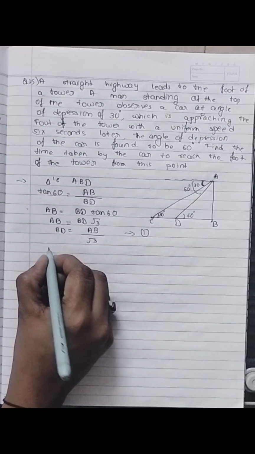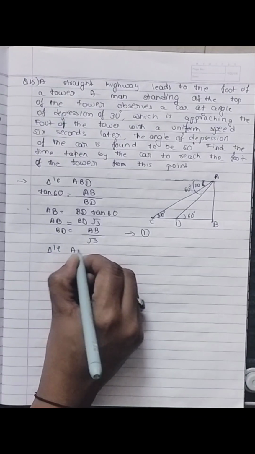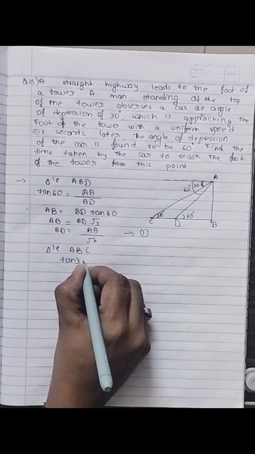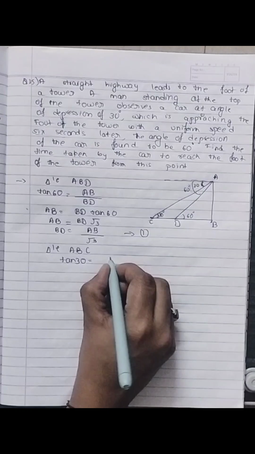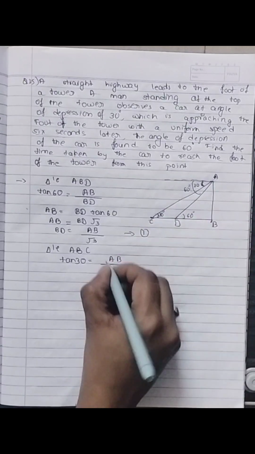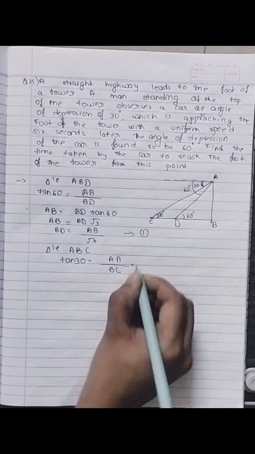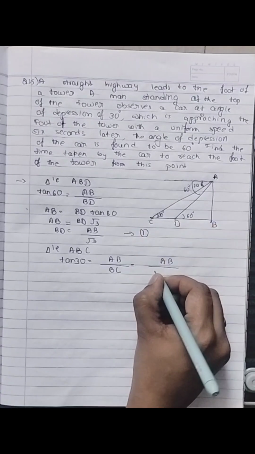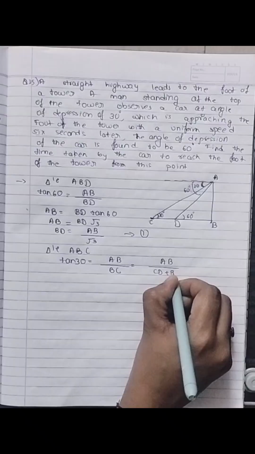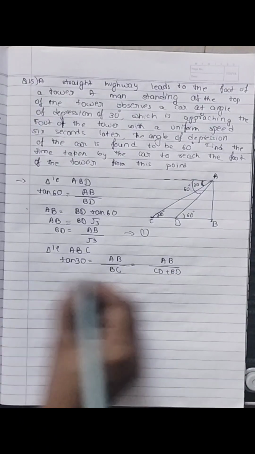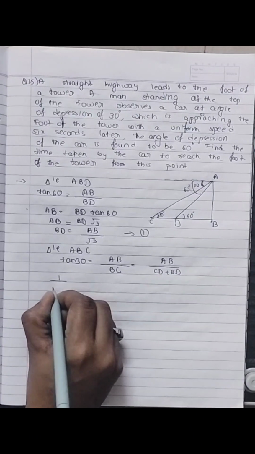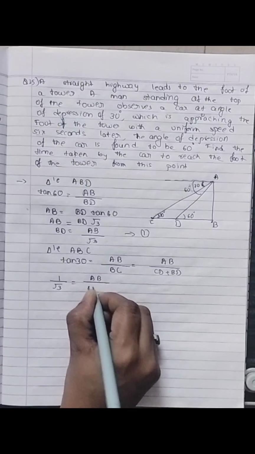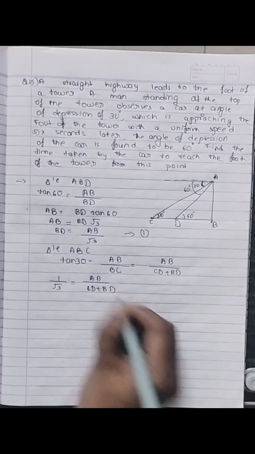So next move to the next triangle, triangle ABC. In that, tan 30 we have to use because the angle is 30 degree. So tan 30 is given by AB by BC, right? So that is again AB, BC can be divided into CD plus BD. So tan 30 we know the value, we'll substitute that. So this is 1 by root 3 is equal to AB divided by CD plus BD.